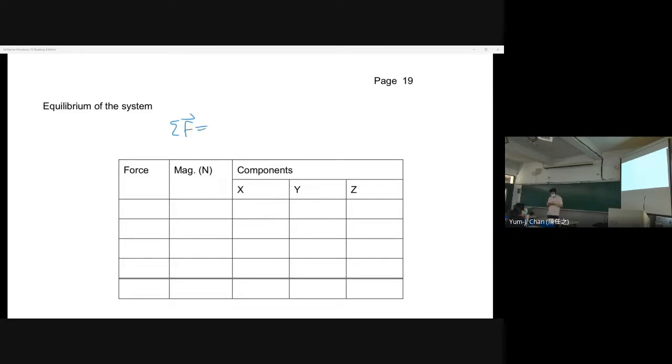Please write this down: summation F equals 0 is equal to TB plus TC plus P plus W. This is for you to protect yourself in examination.